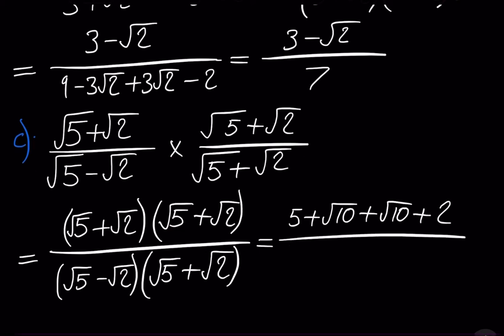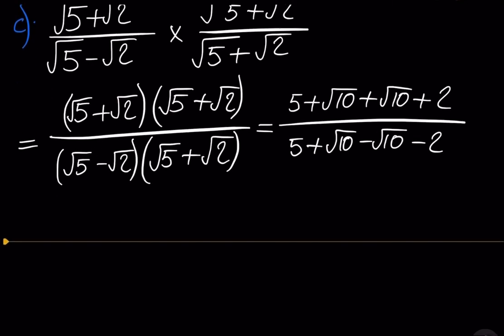And this is all divided by root 5 times root 5, which is 5. Root 5 times root 2, which is root 10. And then negative root 2 times root 5, which is negative root 10. Then root 2 times negative root 2 is just minus 2.